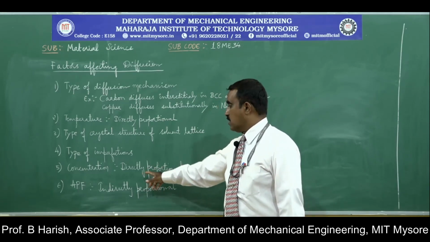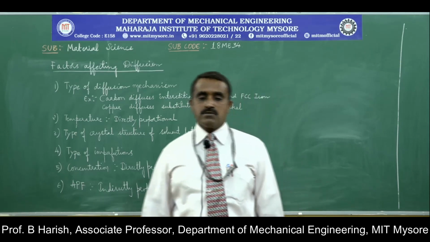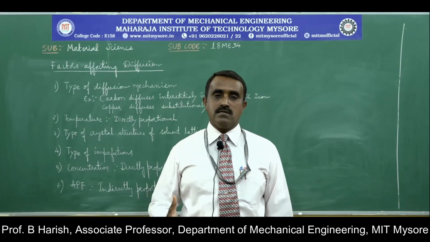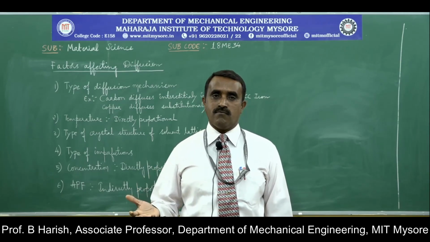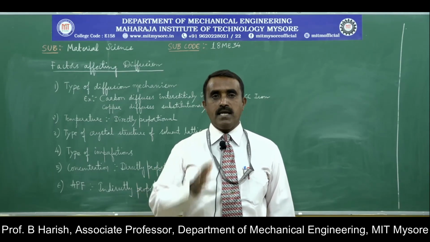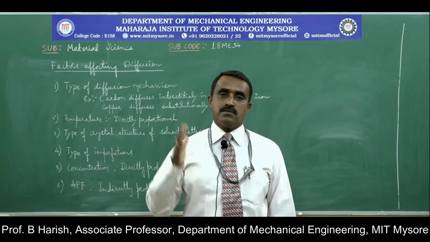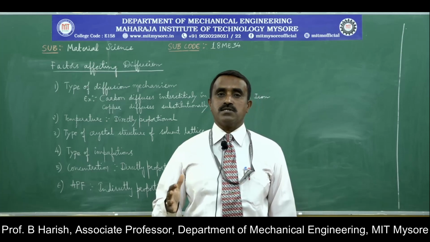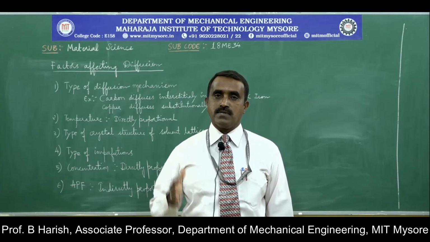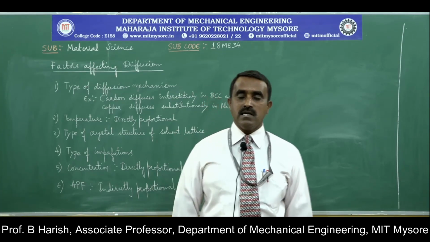Then concentration. Once again, it is directly proportional. Higher the concentration, higher will be the diffusion rate. Lower the concentration, lower will be the diffusion rate. The rate of diffusion is directly proportional to the concentration of atoms in that particular type of crystal structure.